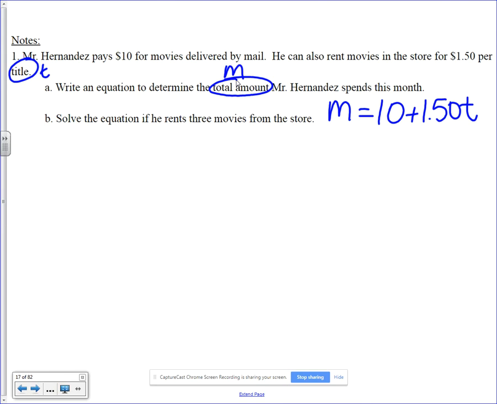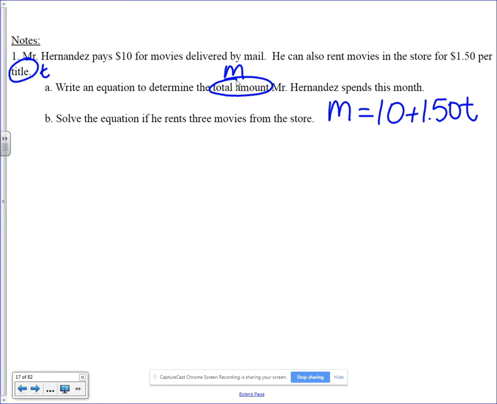Letter B. Solve the equation if he rents 3 movies. So what are you going to do to solve it for renting 3 movies? We're not cubing it.